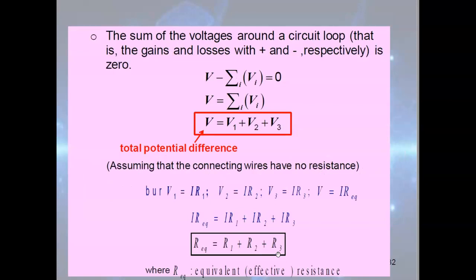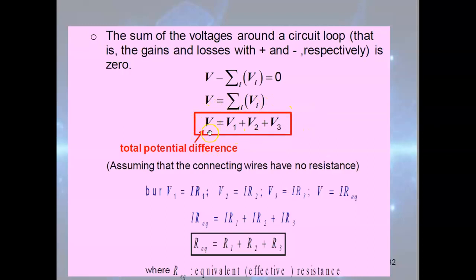That was for current, but for the voltage it will be quite different. For the total potential difference for resistors in series, the relation is written just like this one.